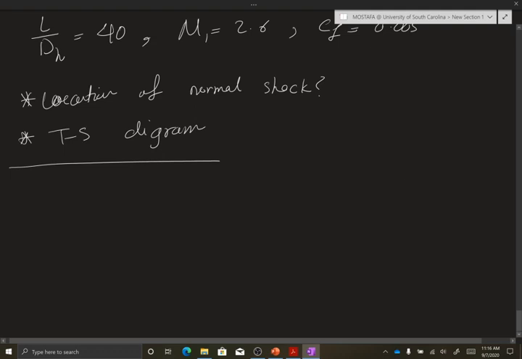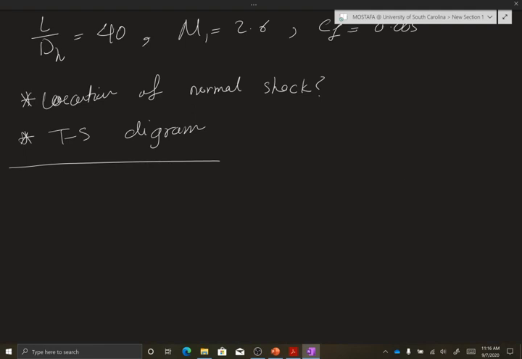Okay. So in order to demonstrate that the normal shock will appear, you essentially have to show that your L star is smaller than your L. So the choking will happen. This is a supersonic condition. We will have a normal shock wave.